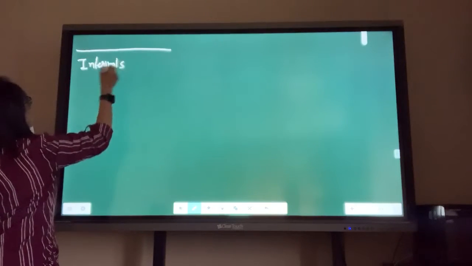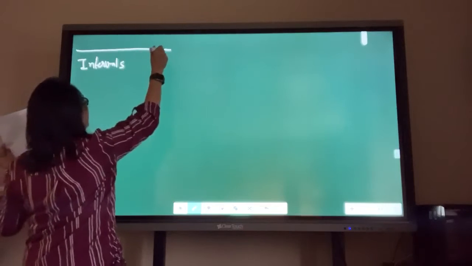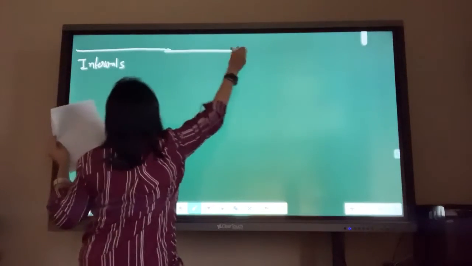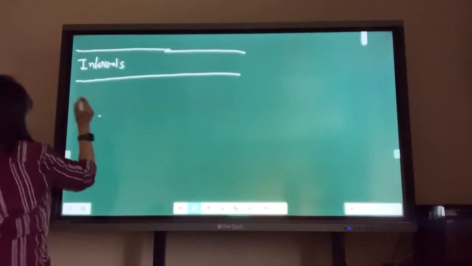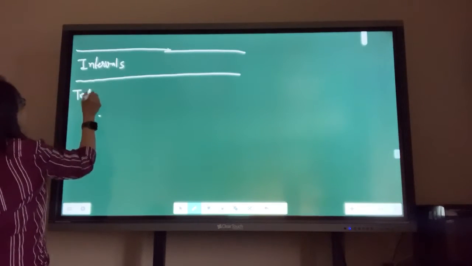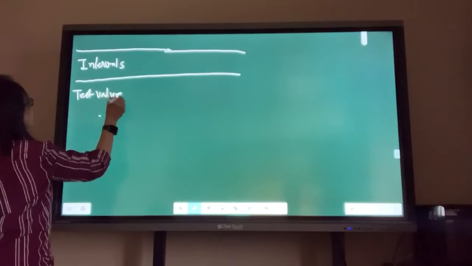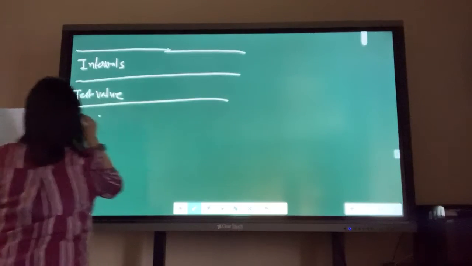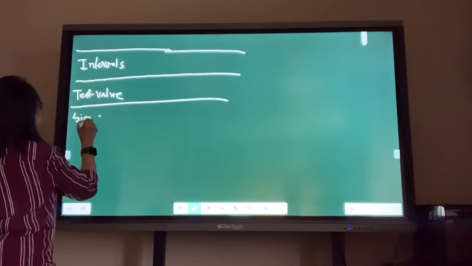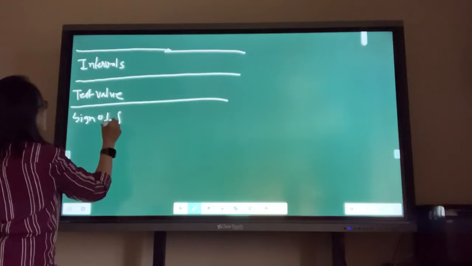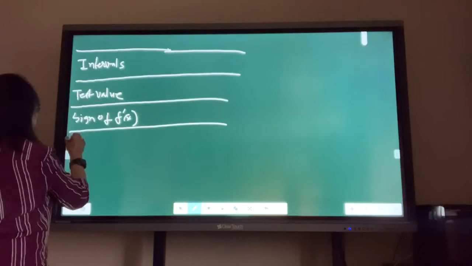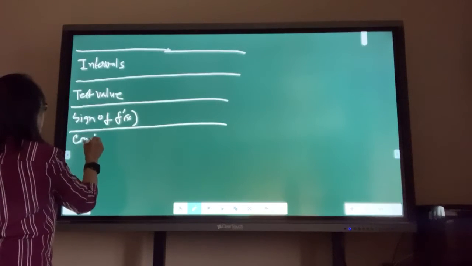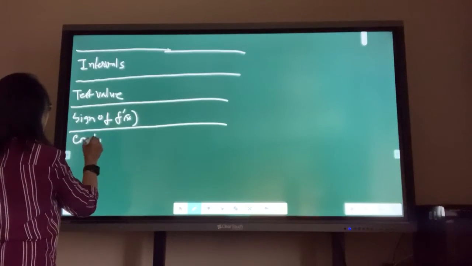Intervals are coming from the critical numbers that we just calculated earlier. Then we have test values. Then we'll be testing for the sign of the first derivative, which is f prime of x, and that will give us a conclusion for this increasing decreasing function.